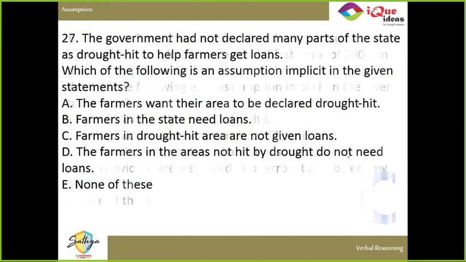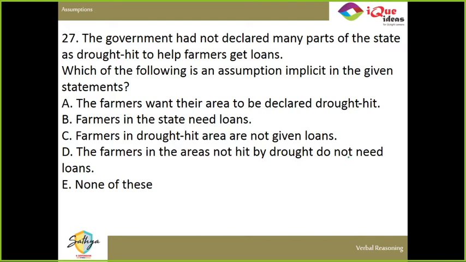Chalo. Next one. The government has not declared many parts of the state as drought hit to help farmers get loans.